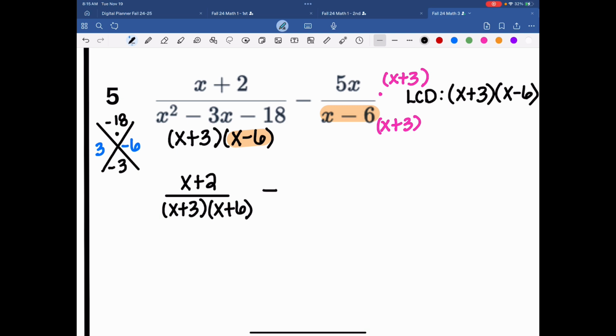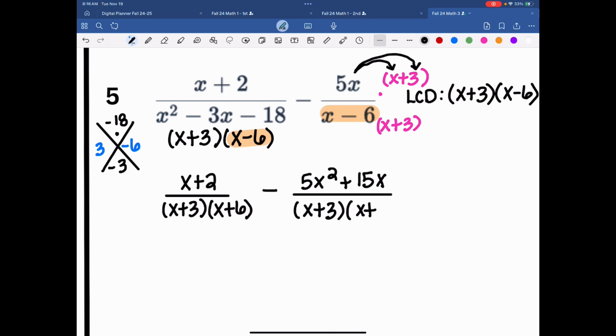And we are subtracting, so that is very important here. We're subtracting. So we're going to distribute the 5x to the x and the 3. So that's going to be 5x squared plus 15x, and that's all over x plus 3 times x minus 6.